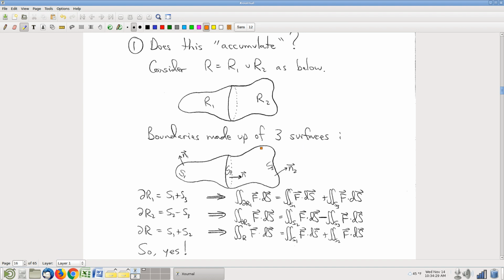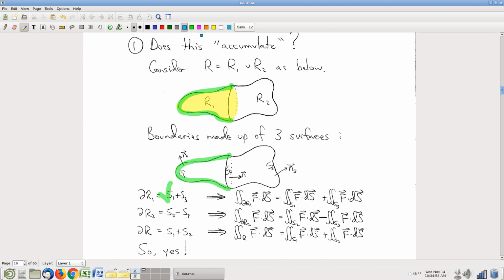Okay, but with all this set up, now let's talk about, well, what specifically is the boundary of R1? Here's our R1. What is the boundary of that thing? The boundary of R1 consists of, well, there's that, which is S1, right?